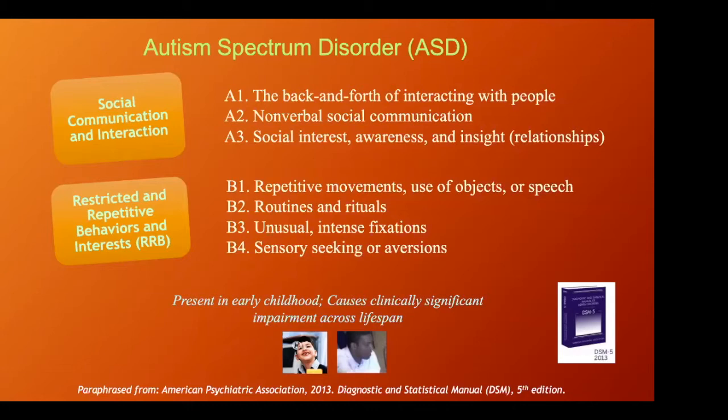In our paraphrase of these criteria, the first social communication and interaction criterion is about the back and forth of interacting with people. It's about social emotional reciprocity.